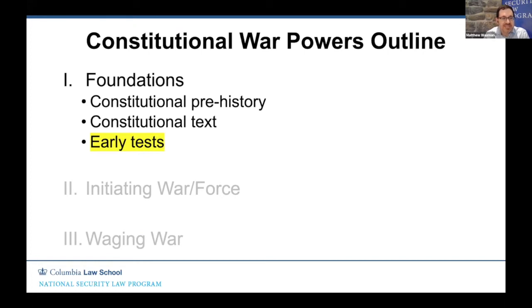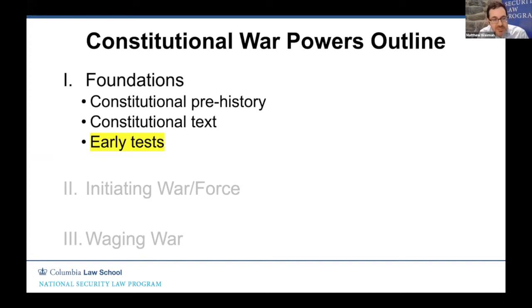So how did the system operate in its first big trials? This is important also because despite all the textual provisions that I just outlined, I also pointed out a lot of important ambiguities or important questions that are just not answered in the text.